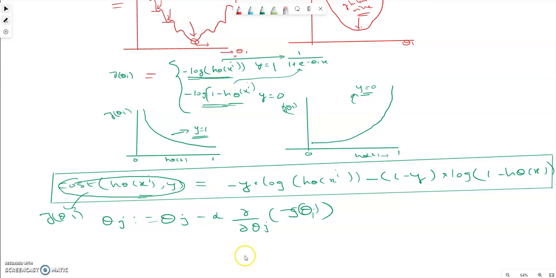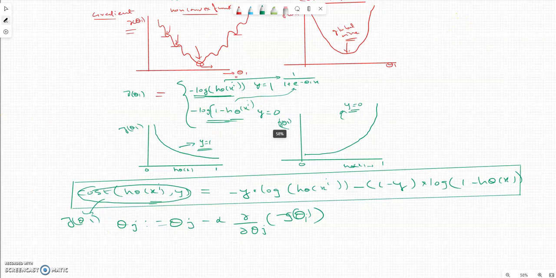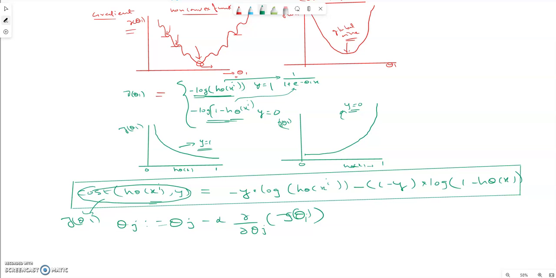Now what I wanted to do here is apply the convergence. I wanted to repeat this until convergence, because I just wanted to update this theta j until convergence.